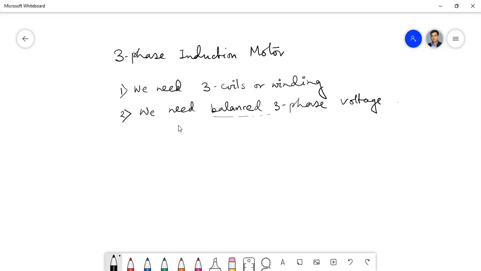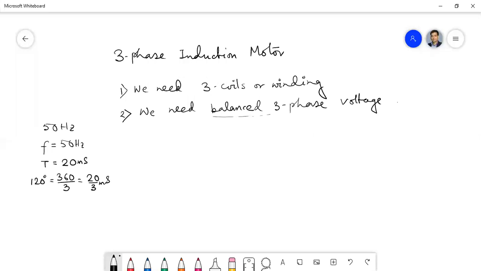Okay, so for 50 hertz, the frequency is 50 hertz. What is the time period? Time period is 20 millisecond, and that angle difference is basically the time period divided by 3. That means 20 by 3 millisecond.